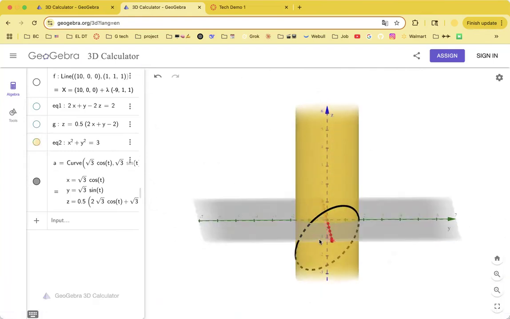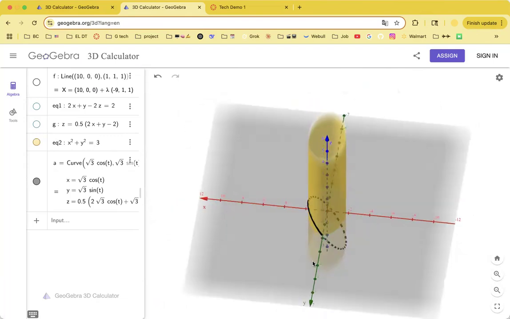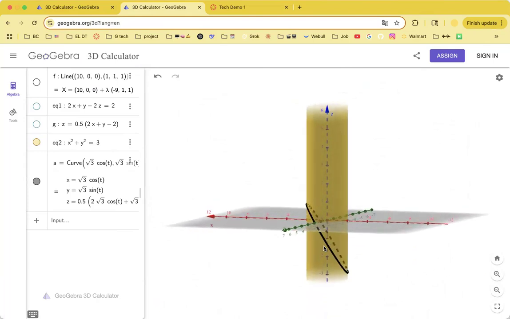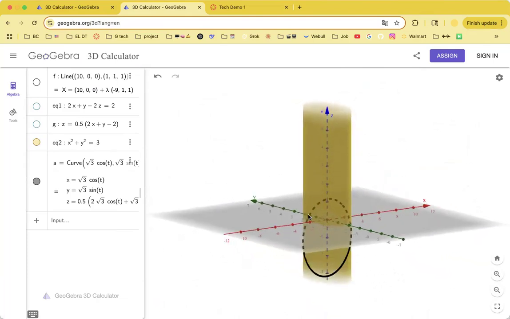So first we're going to make the cylinder visible. So we can see the ellipse is actually surrounding it, it intersects the cylinder. We can see from the side.